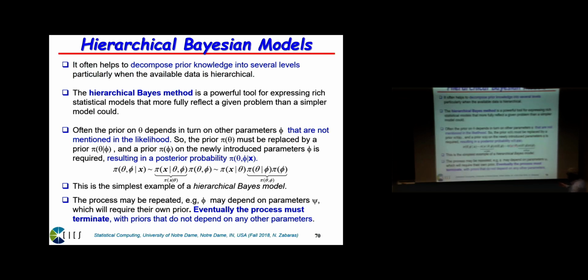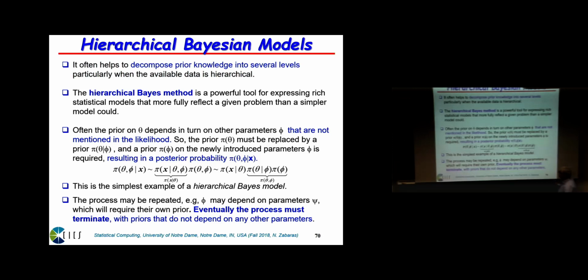And you notice, by the way, the likelihood depends only on theta, not on phi, because theta contains all the information. If I give you theta, I don't have to tell you where it comes from. So this is the likelihood, and this is the prior on theta and phi, which I write as the prior of theta given phi times the prior of phi.